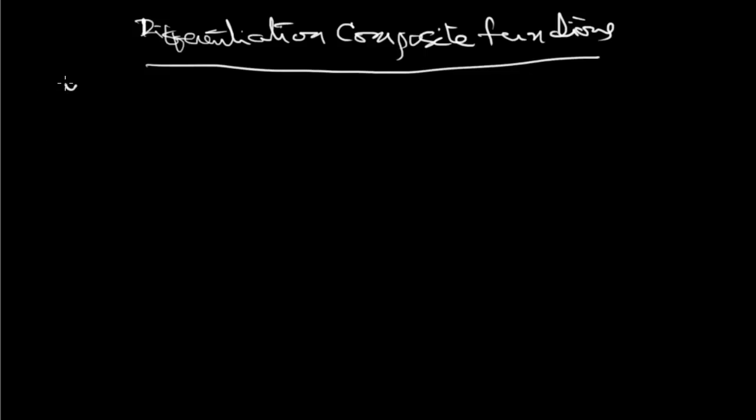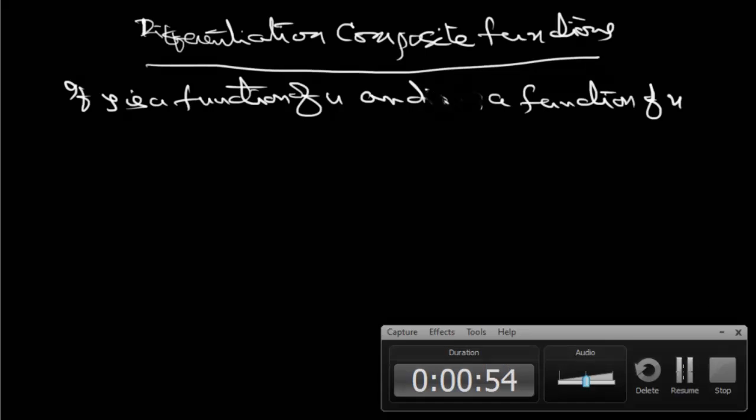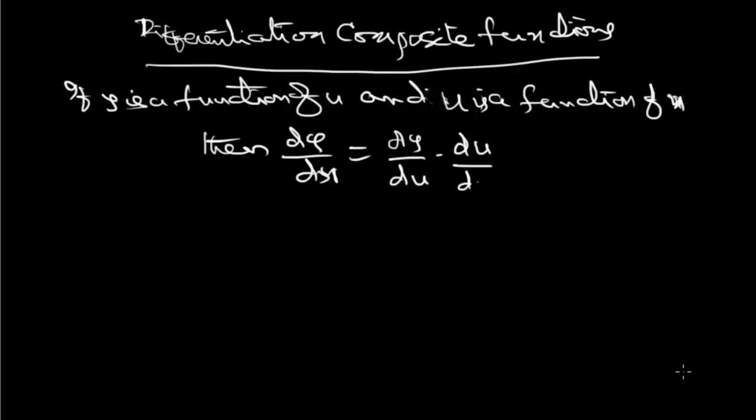If y is a function of u and u is a function of x, then dy by dx is equal to dy by du into du by dx.